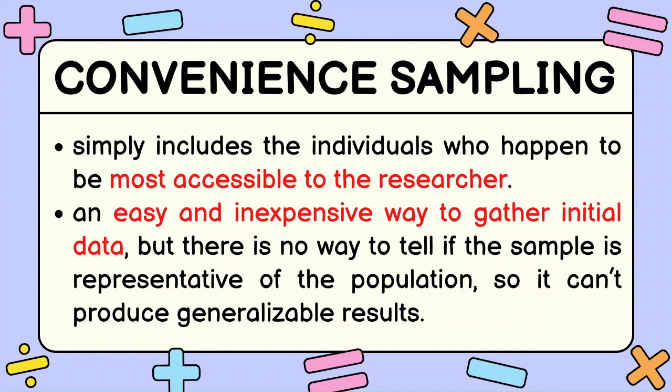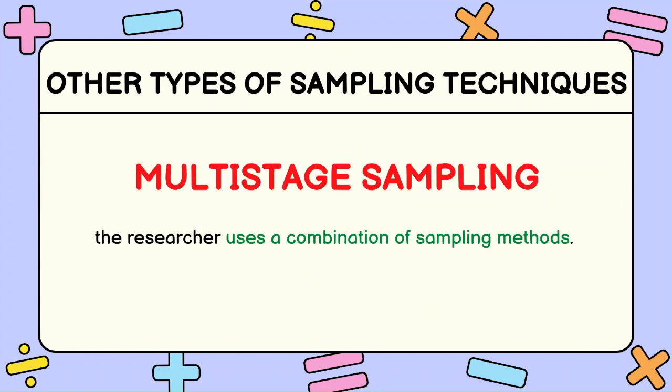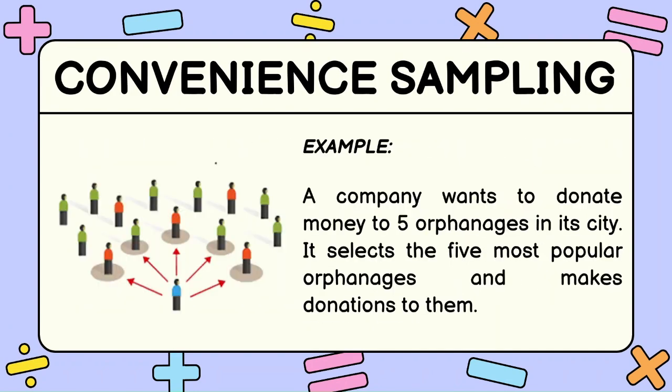So it can produce generalized results. Convenience sampling is usually prone to error. Example, here's an illustration. A company wants to donate money to five orphanages in its city. It selects the five most popular orphanages and makes donations to them.